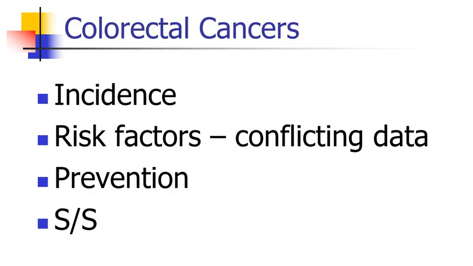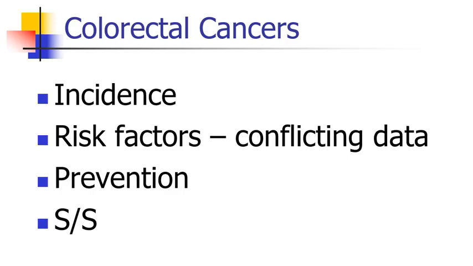If you have a history of inflammatory bowel disease, especially ulcerative colitis, about 10 years after your diagnosis, you start becoming a much higher risk. There are various preventive measures, NSAIDs, the COX-2 inhibitors like Celebrex can help to reduce the number of polyps.